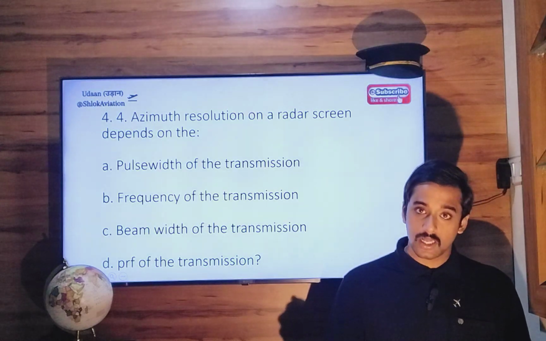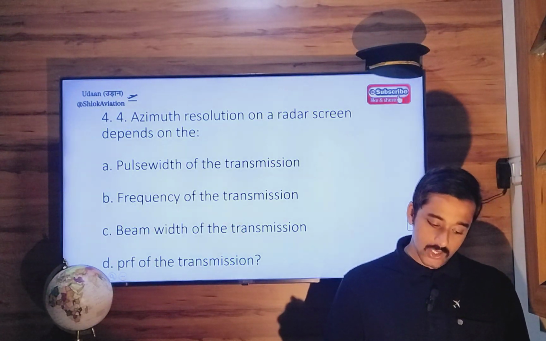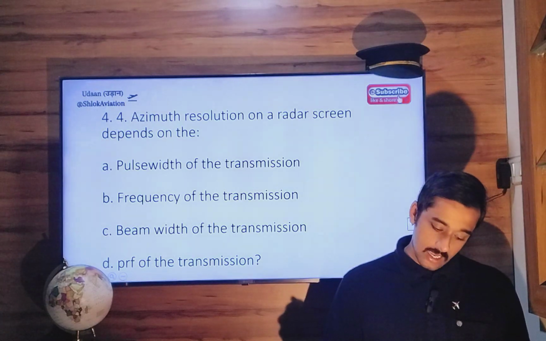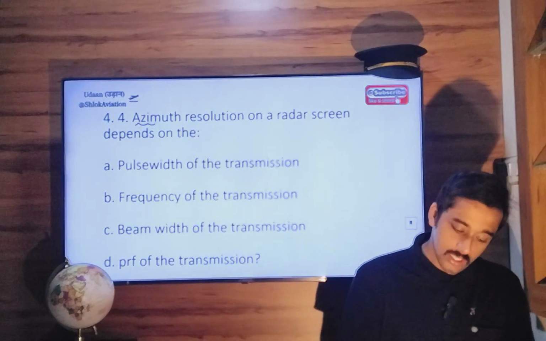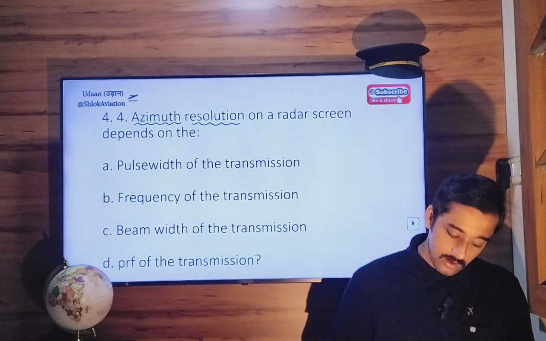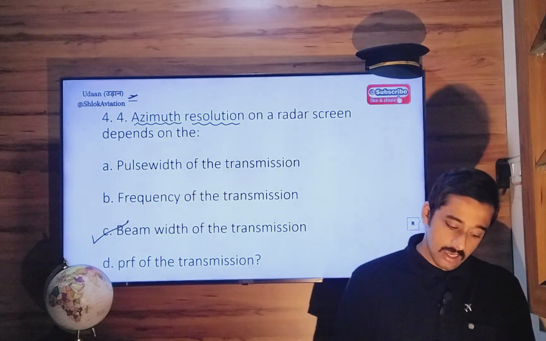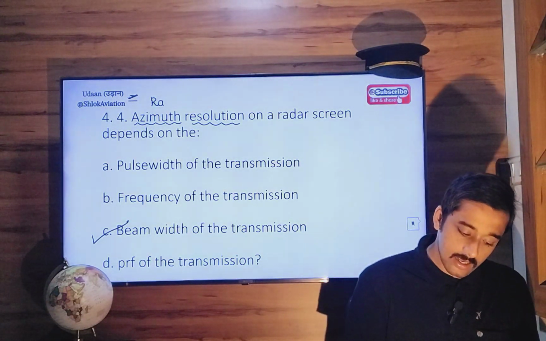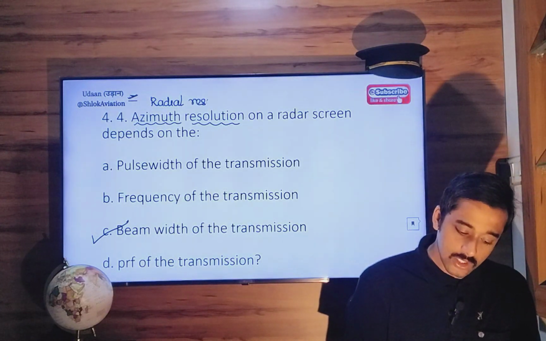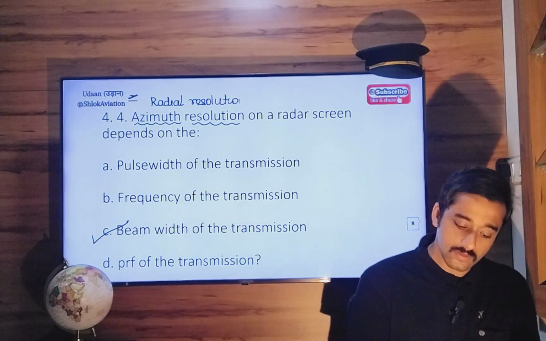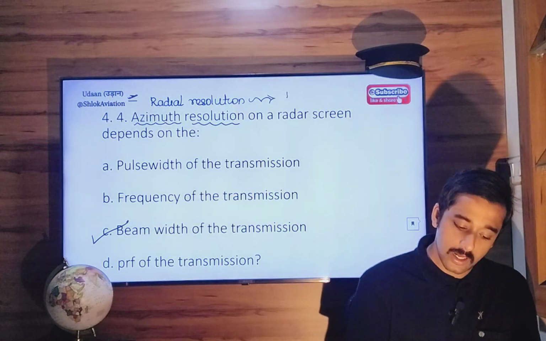Next, azimuth resolution on a radar screen depends on what? Does it depend on pulse width, frequency, beam width, or PRF? So remember, azimuth resolution depends on the beam width of the transmission. Radial resolution, like I said when I was solving question 1, depends on half the pulse width.